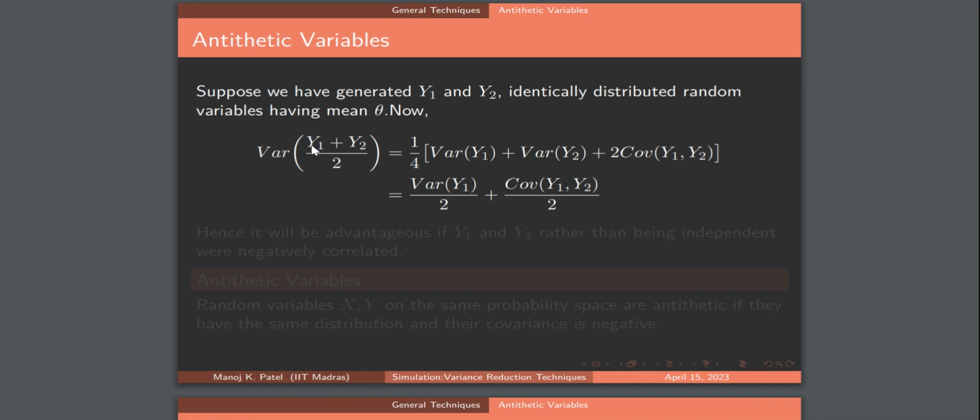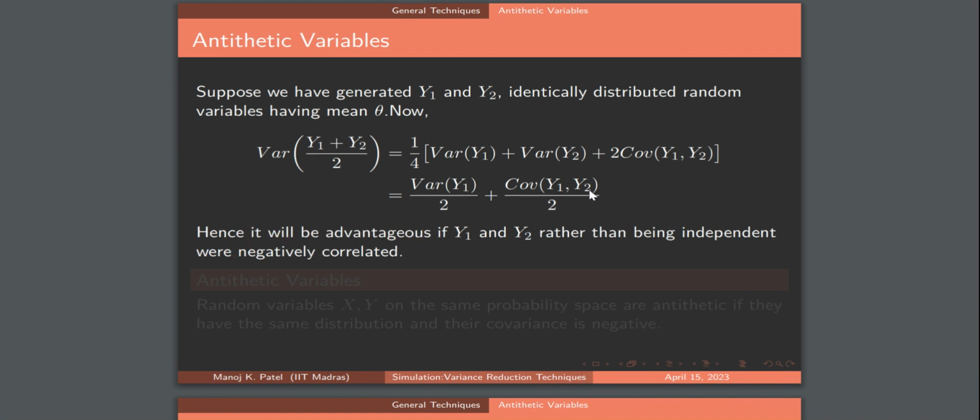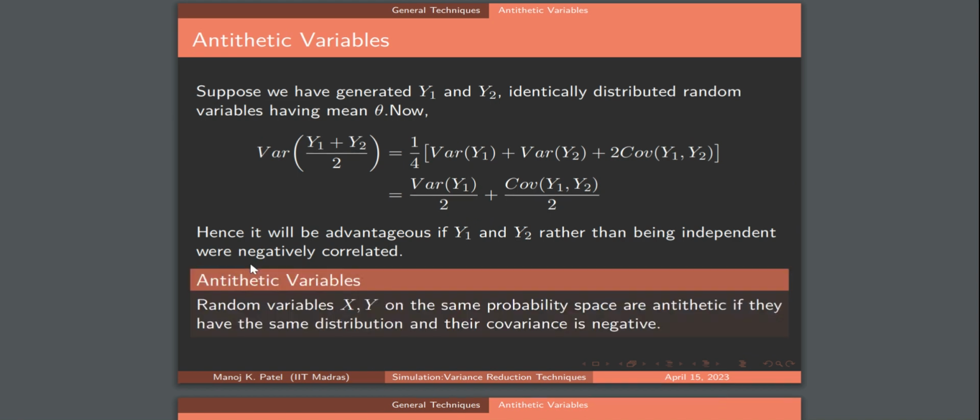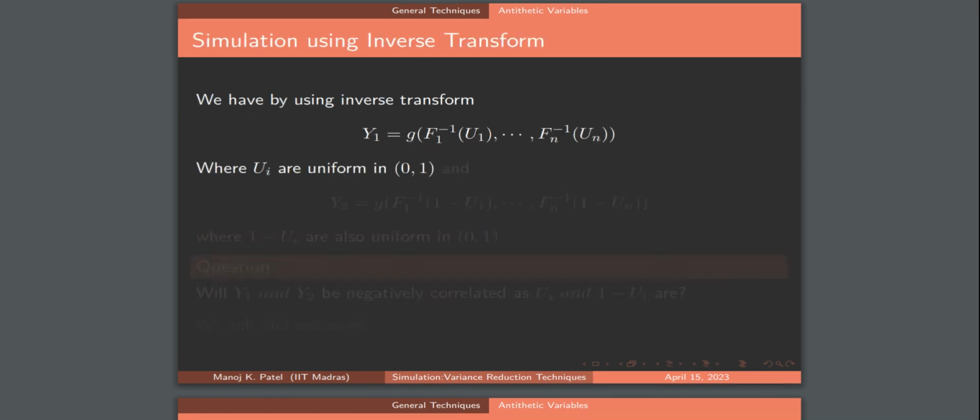One way to reduce this variance is if Y1 and Y2 are negatively correlated rather than independent. Such random variables are called antithetic variables. Random variables on the same probability space are antithetic if they have the same distribution and their covariance is negative, or in other words, they are negatively correlated.